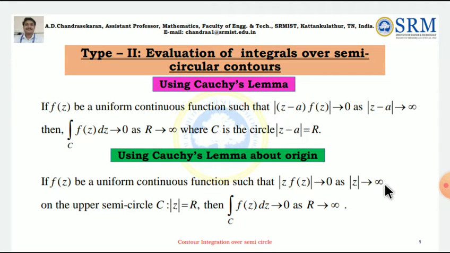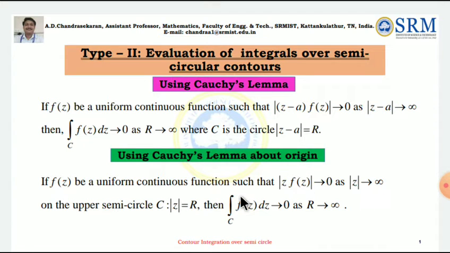As the radius tends to infinity, mod z f of z tends to 0, so that the integral over C of f of z dz tends to 0. What is C here? Here C is the upper semicircle, that is the upper half of the plane. So this is the second type, contour integration over a semicircle.